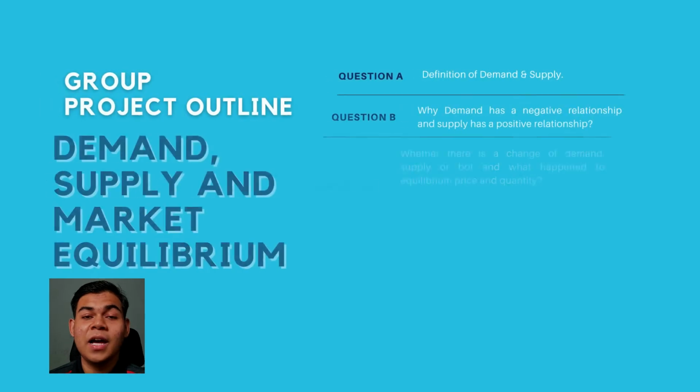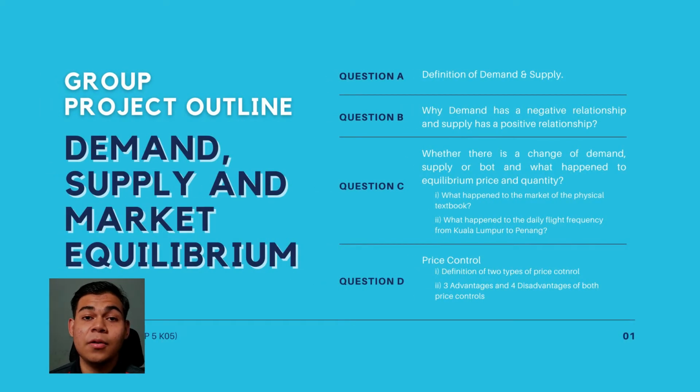So, firstly, our presentation today is based on our group project under the topic of demand, supply and market equilibrium. It is based on 4 questions that have been given before. The first question is about the definition of demand and supply, and the second question is about why demand has a negative relationship while supply has a positive relationship.